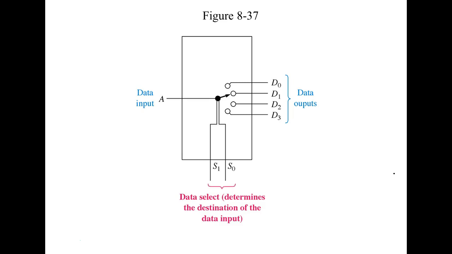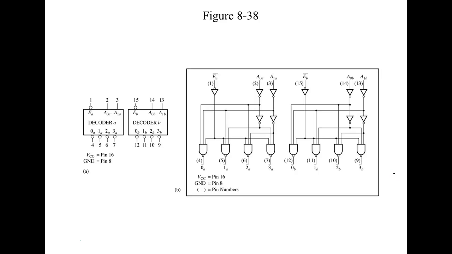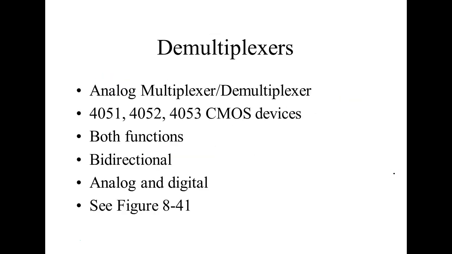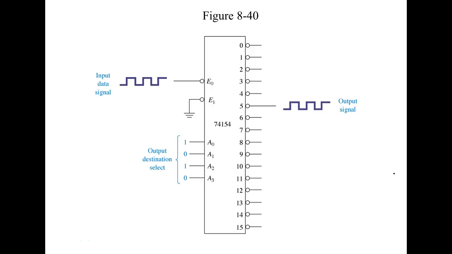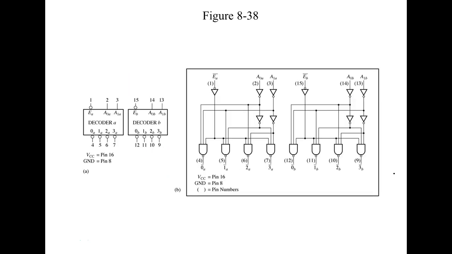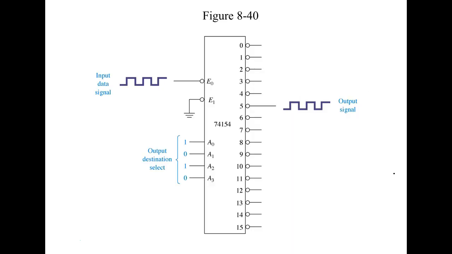These tests will always have a written part, and they'll always have a multiplexing question. Oh, by the way, if you ever look at the 74154, it's going to be called a decoder demultiplexer.